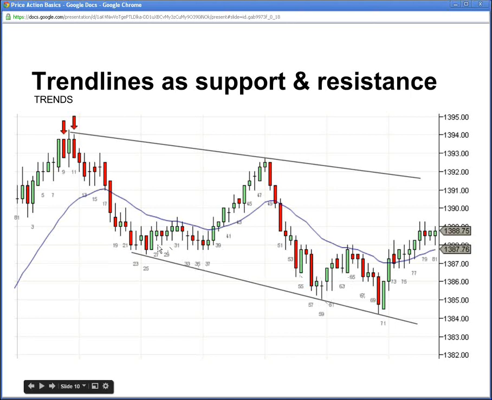If the pullback is shallow, like this, you have no idea. It may test here, but you won't get a fill. And if it goes up for another leg, you will be stopped out. So even though this was near the EMA, you really want a deeper pullback.